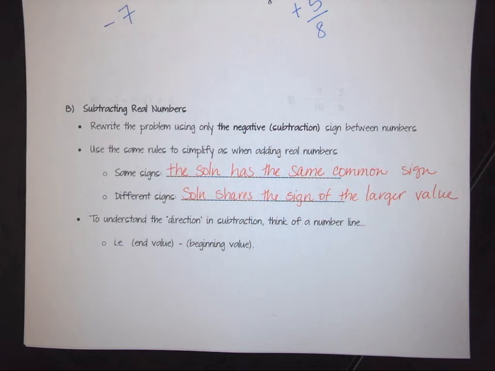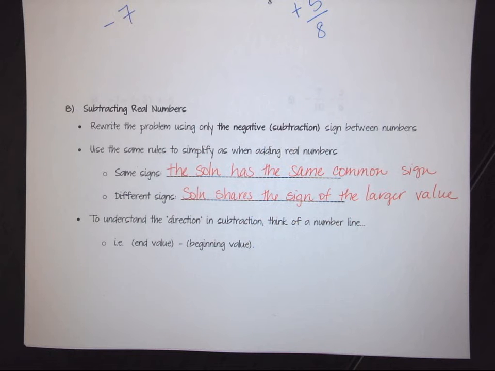If both values were negative, then your solution's going to be negative. Now, if you have different signs, then your solution will share the sign of the larger value. So there you just simply have to look at which number is bigger and what sign does it have, and that's the sign that you attach to your solution or your answer. Okay.